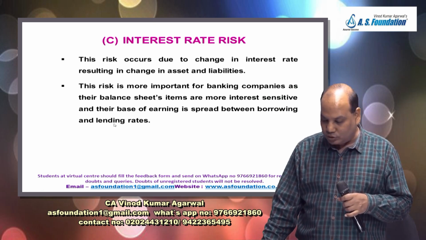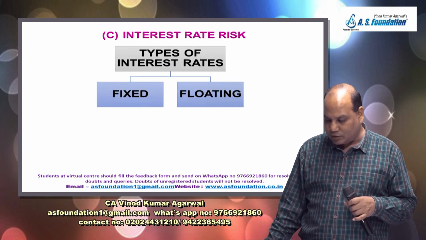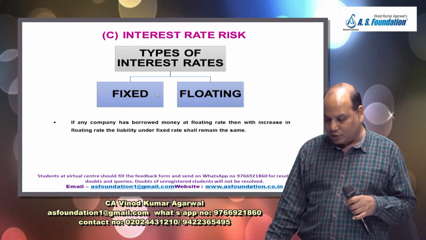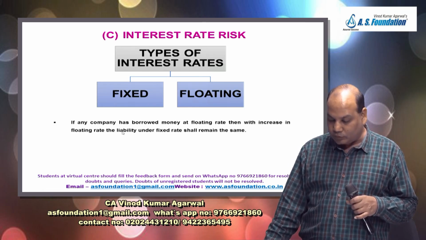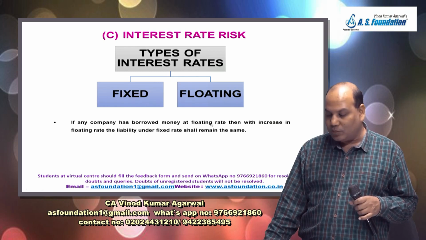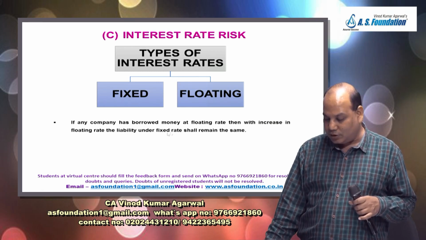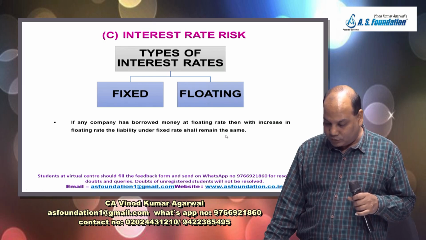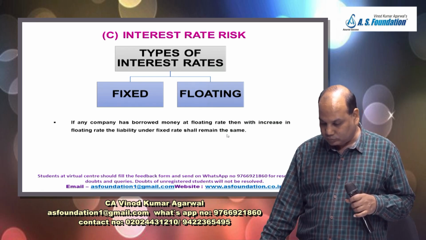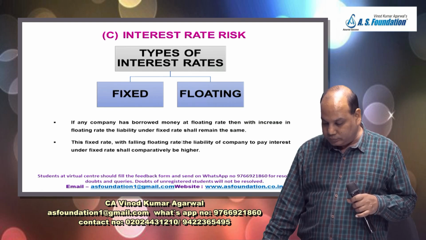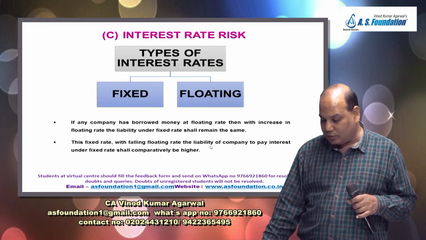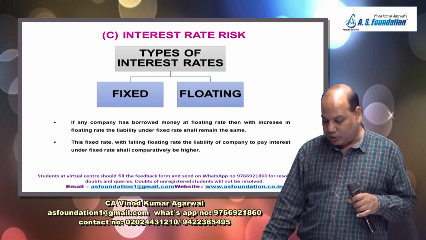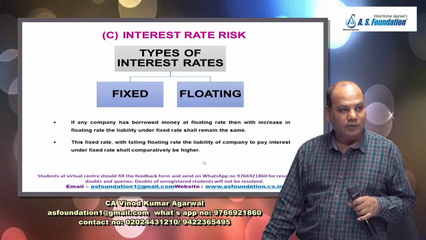also. Okay. So interest rates are of two types, fixed and floating. If the company has borrowed money at floating rate, then with an increase in floating rate the liability increases, while the liability under fixed rate shall remain the same. With a falling floating rate, the liability of the company to pay interest under fixed rate shall comparatively be higher.